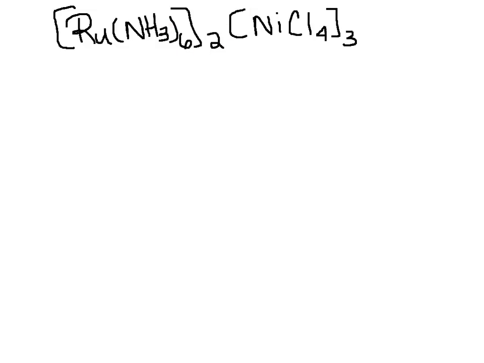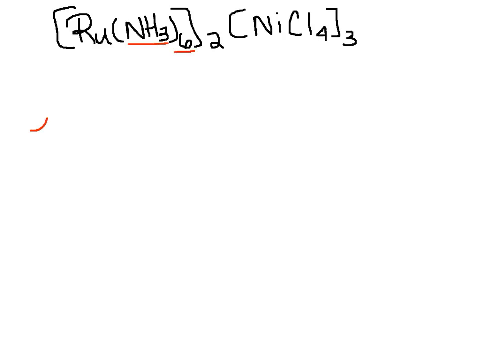When something is enclosed in a square bracket, it means that the ion contained inside of it is a complex coordination ion. When we name these, we are going to start by indicating how many ligands there are. And in the cation portion of this compound, there are 6. There are 6 ammonias.